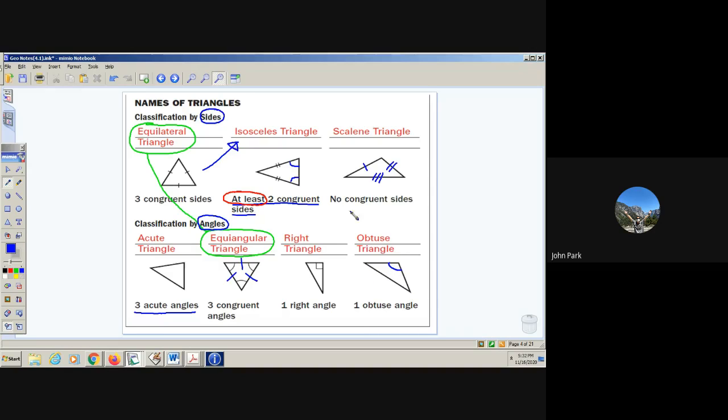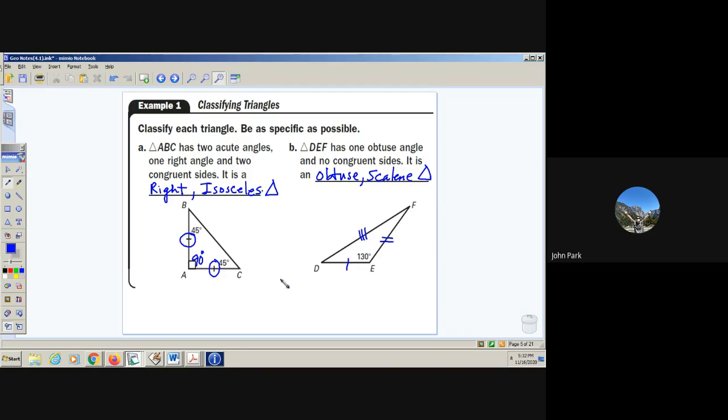So those are names. You could have at least two names for each triangle, one by looking at the sides, one by looking at the angles, right? All right, so let's take a look at some of these. So if I have a triangle like this, this is a right angle, right? So this is a right triangle, but I also have a slash here, and then I also have 45 degrees, 45 degrees.